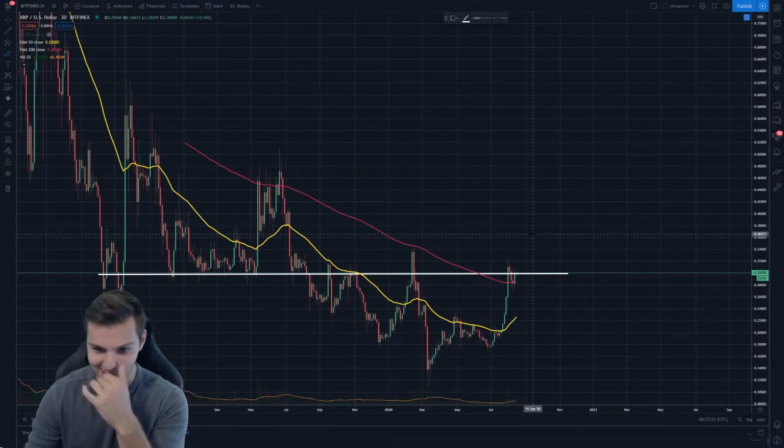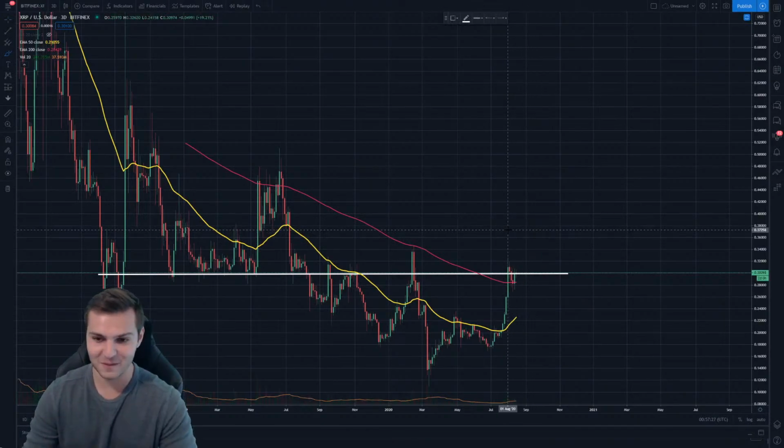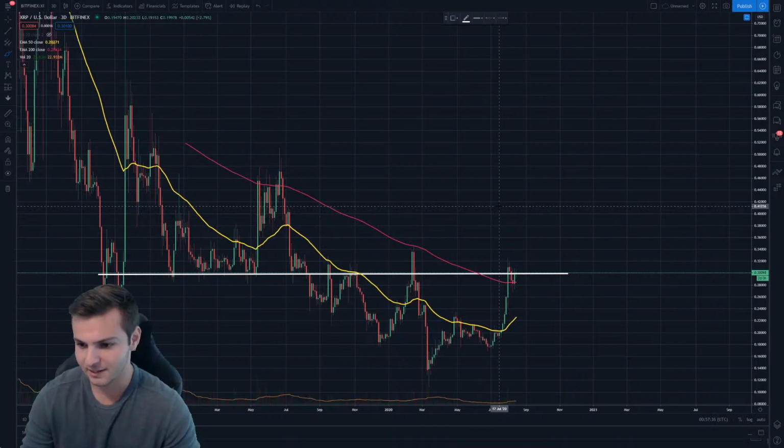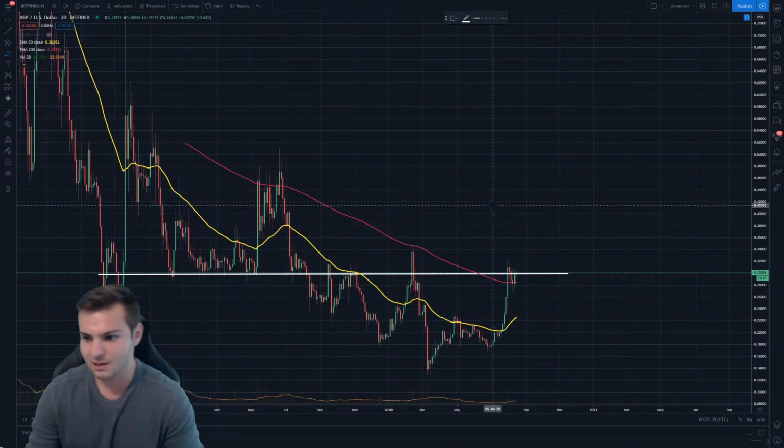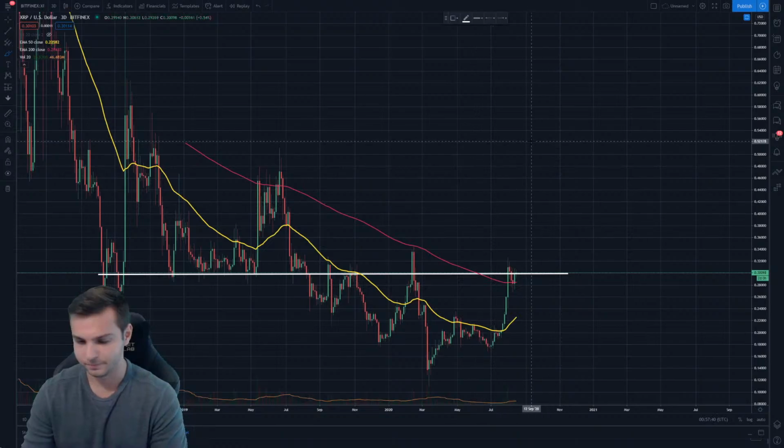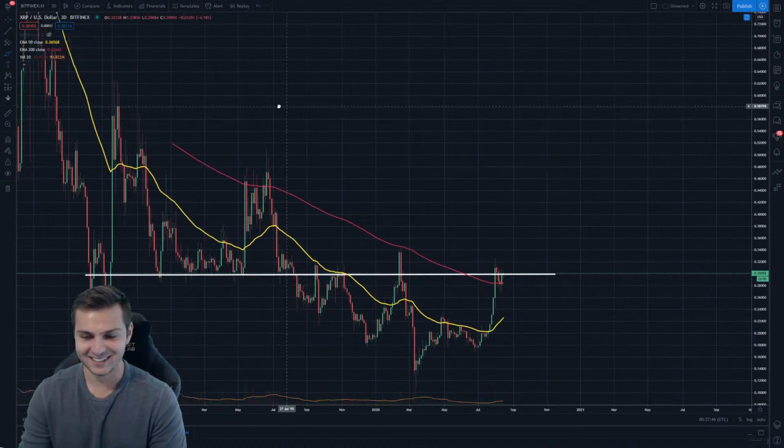But what I'm saying is I don't think XRP is going to hit $10 anytime soon. Maybe in the distant future it's possible, nothing's impossible, but for right now, I don't see any reason for it to go to $10. Okay, I'm getting trolled.